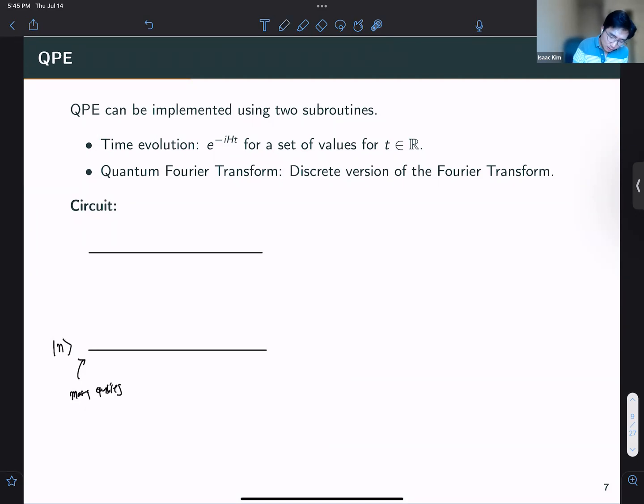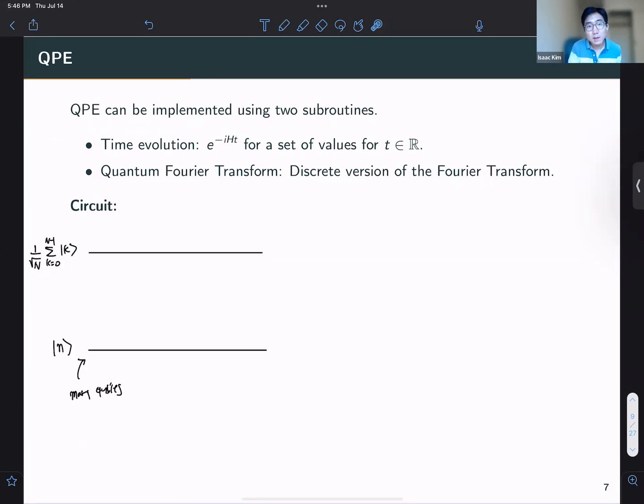And then you have another set of qubits, initialized to a particular state called the uniform superposition state. If you look at the expression, you'll see why: it is a superposition state with equal amplitudes.